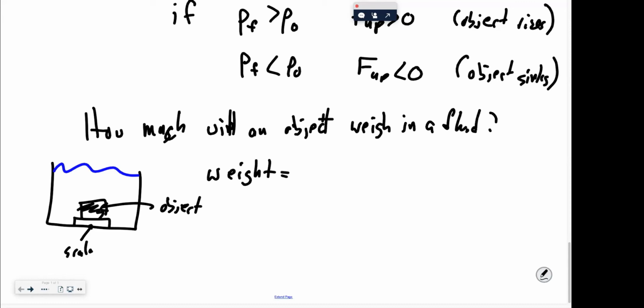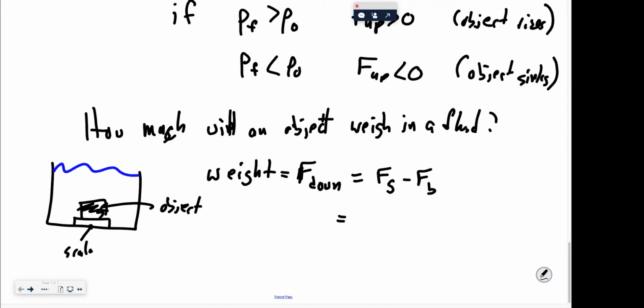It is the net force downward on an object. That's really all weight is. It's the net force down. So it's basically the negative of the buoyant force, right? This is Fg minus Fb. It's the negative of the net force up, I should say. It's not the negative of the buoyant force. It's the negative of the net force up.